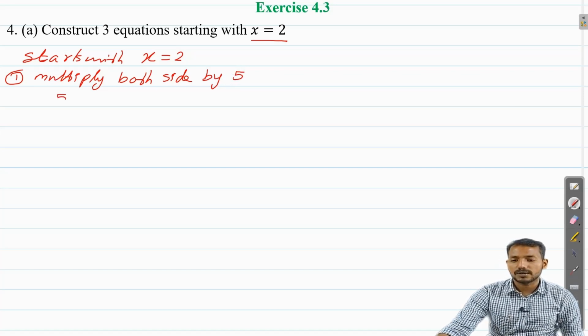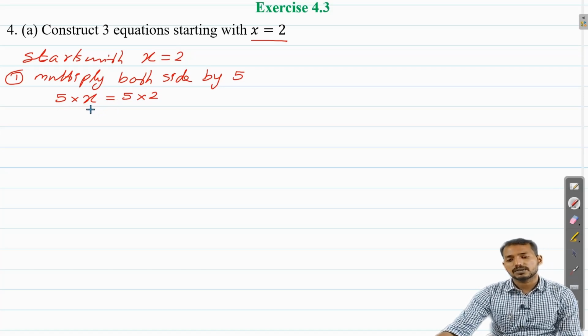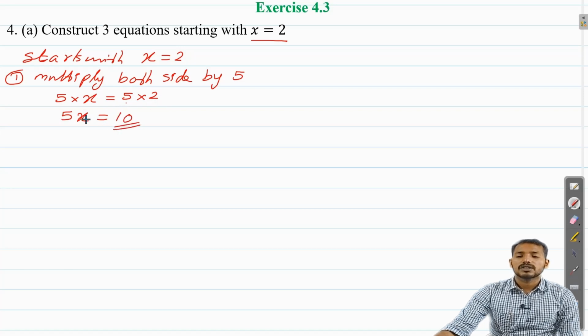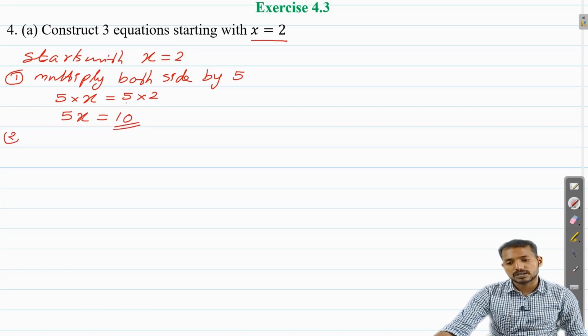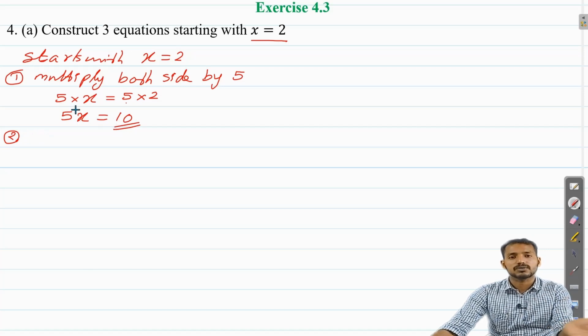So we get 5 into x is equal to 5 into 2. Both sides are multiplied by 5. So we get 5 into x, we can write it as 5x. 5 into 2 is equal to 10. Now again I am going to do one more operation, depending on us. Okay, this is also an equation, 5x equal to 10.